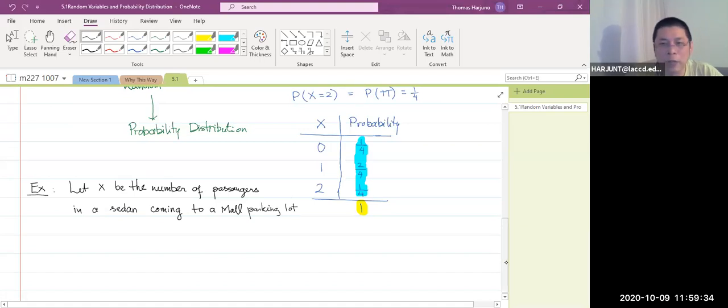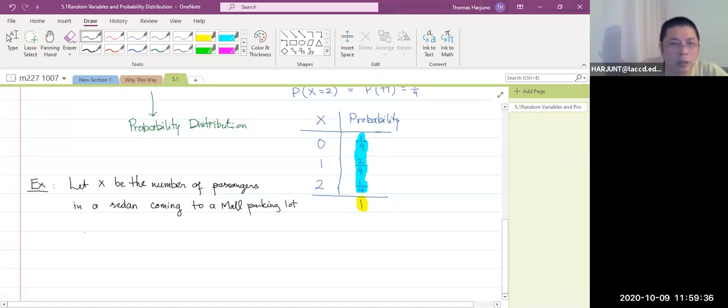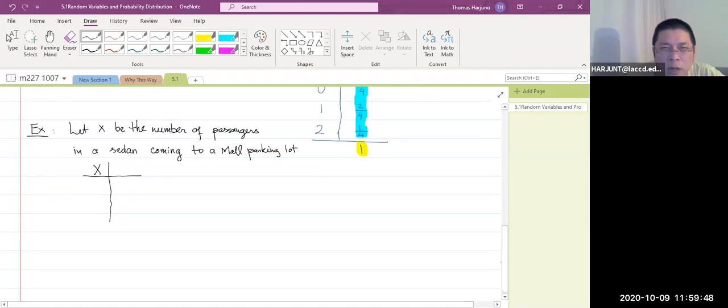Of course I make up numbers. Is it possible to have a -1 passenger? I don't think so, right? 0 passengers maybe? The driver must be there, of course, right?